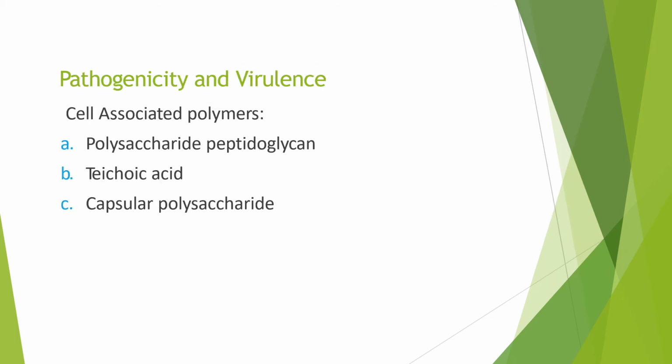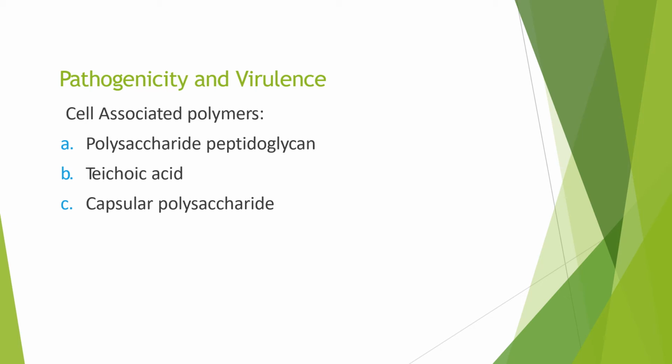Then pathogenicity and virulence. There are so many pathogenic and virulence factors present in staphylococci. We are telling the basic things, and the coming videos will contain elaborated and explained things.